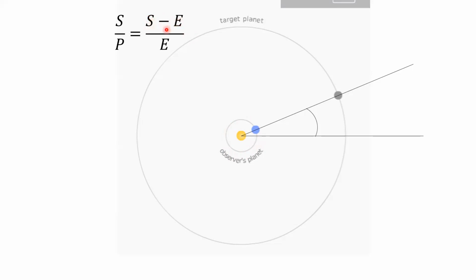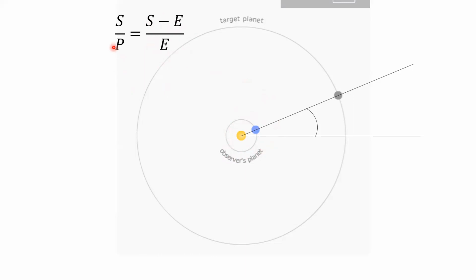So the numerator here, Synodic Period minus the Earth year, that's the amount of time it takes to do the little bit extra. And then, of course, E for Earth year is the amount of time it takes Earth to go around once. And what I'm saying is that comparison is the same, whether you use that line of thought for Earth or use that line of thought for Jupiter. I'm equating two ratios.